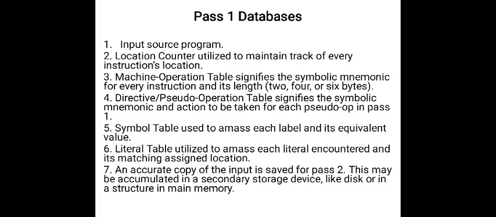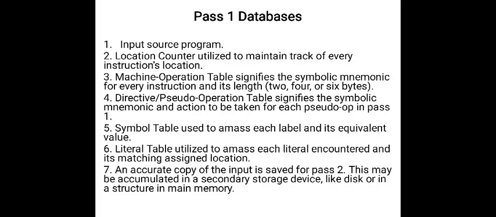Another important entity for pass 1 and pass 2 is literals, so we need a literal table, which is used to store each literal encountered and its assigned location. Finally, at the end of pass 1, we should have a copy of the input which is saved for use by pass 2.